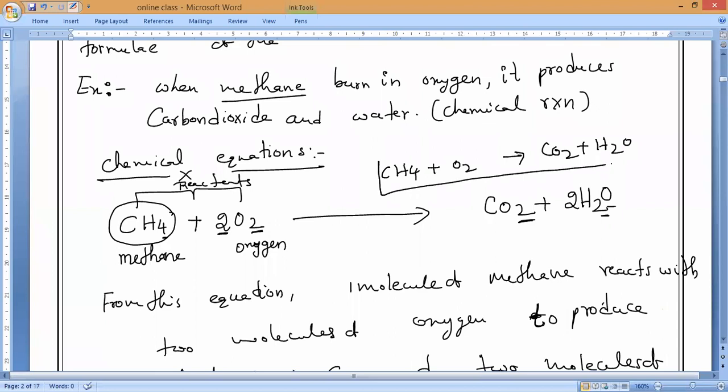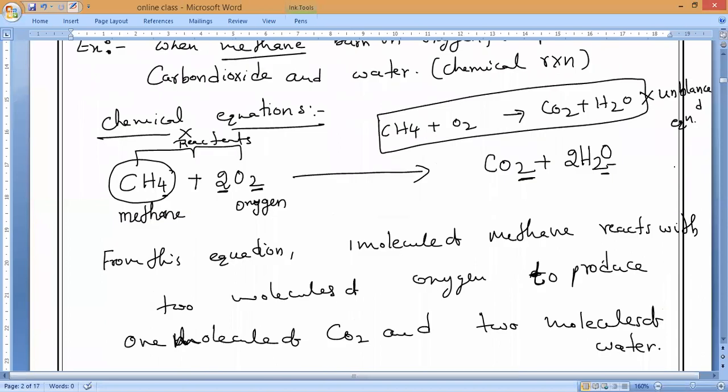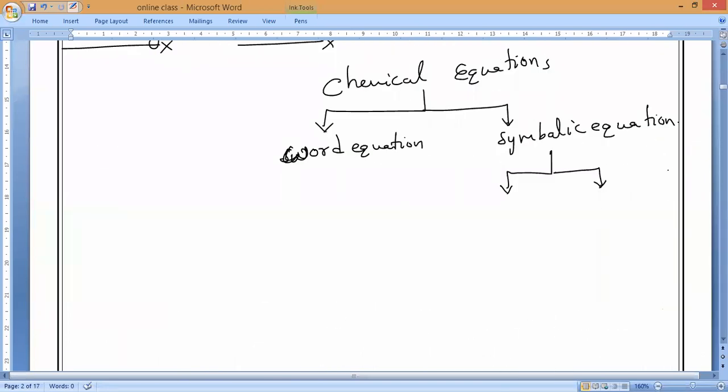The number of atoms on the product side and reactant side are not equal. Yes or no? So this is called an unbalanced equation. So the symbolic equation again has two types. One is the unbalanced equation. Okay, guys. What is that?